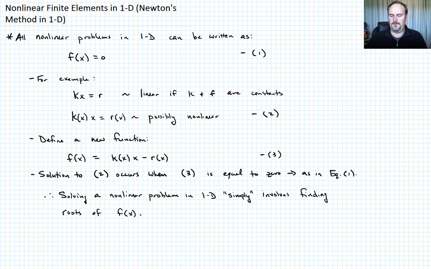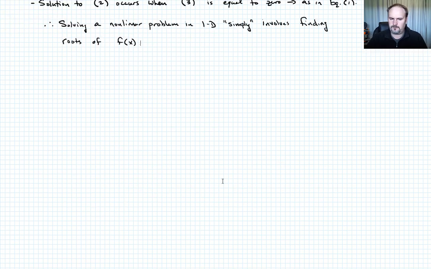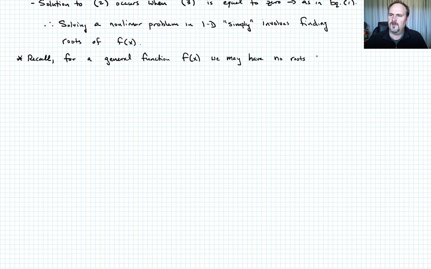So let's think about that. Recall that for a general function f of x, we can have no roots, and in our case, that means that there's no solution. We could have one root, or we could have multiple roots.